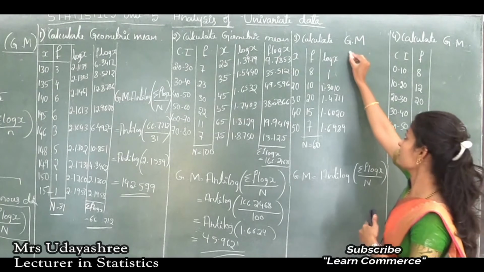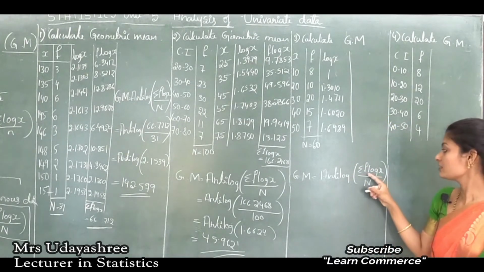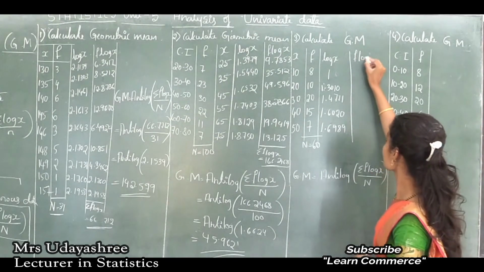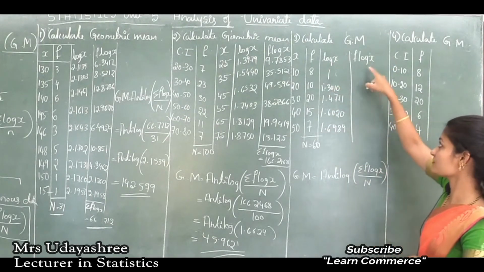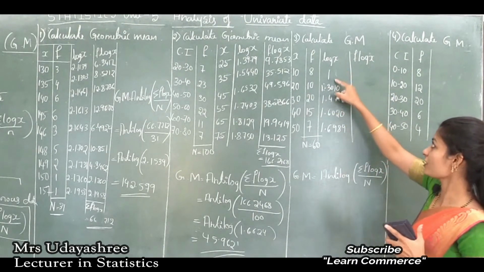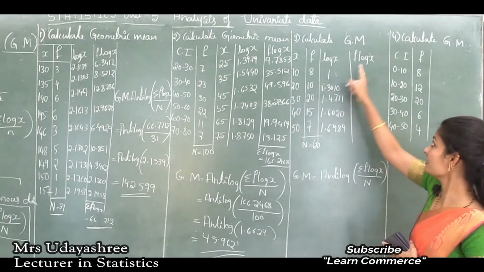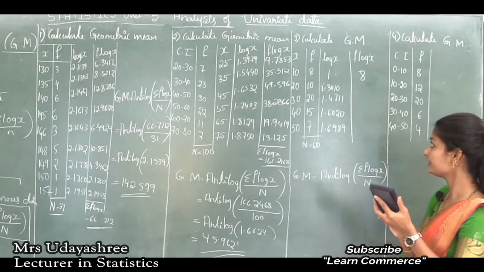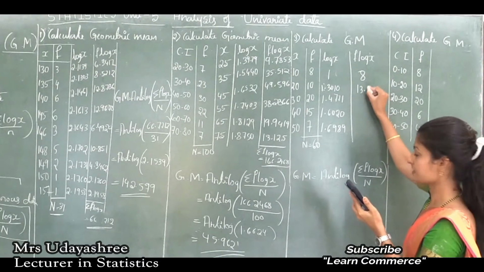Next we need f into log x. To calculate the summation we need f into log x observations. See here, log x observations are there, f observations are there, next we need to multiply this into this. So f is 8 into log x is 1, that is 8. Then 10 into 1.3010 is 13.01.